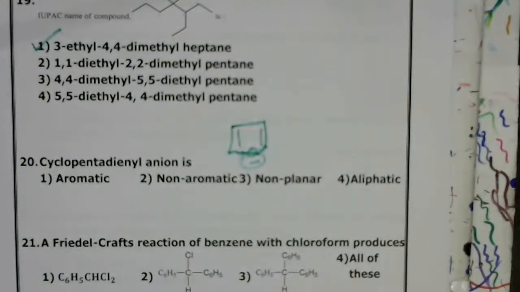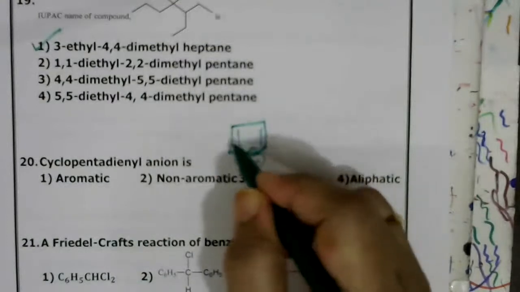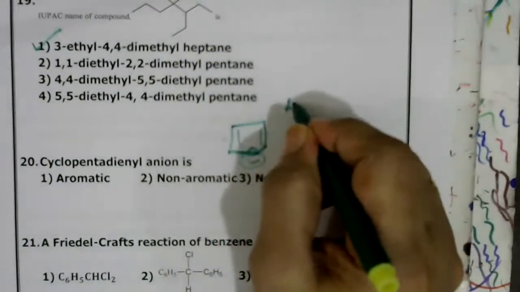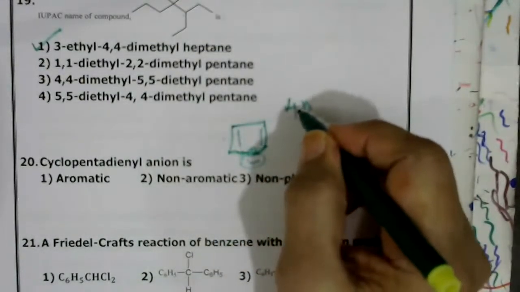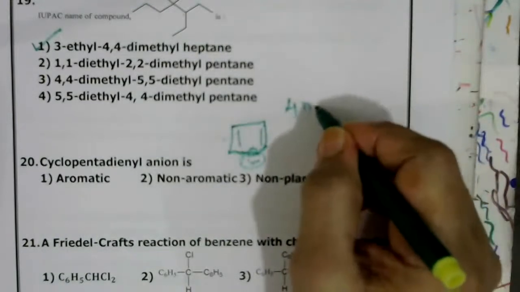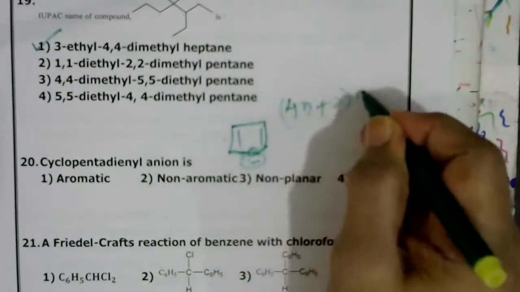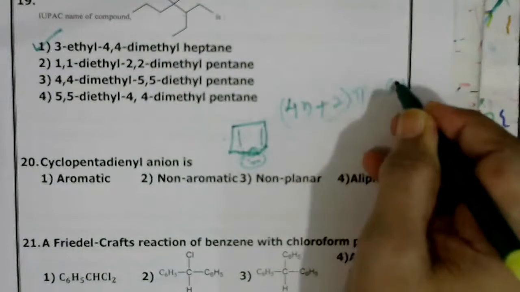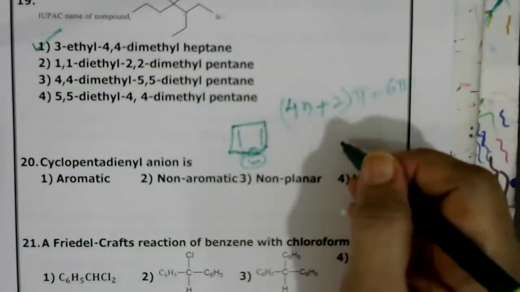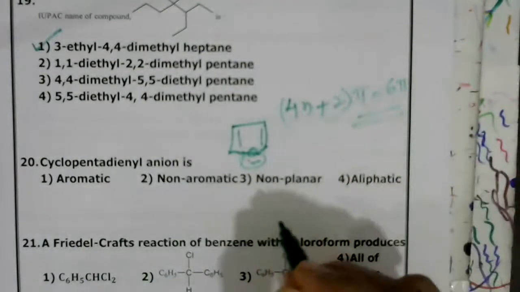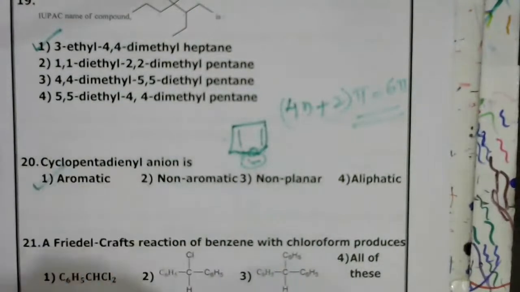And remember one thing, the number of pi electrons is 6. According to the Huckel rule, 4n plus 2 pi electron system will be equal to 6 pi electrons. Therefore, based upon this concept, we can say that it is aromatic in nature. What is the nature? Nature is aromatic.